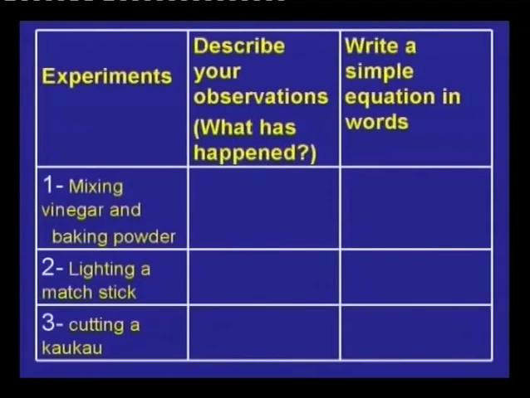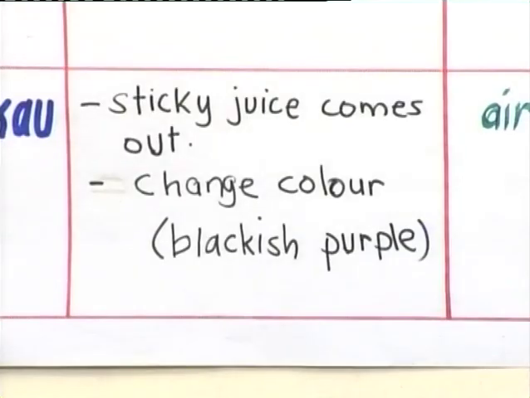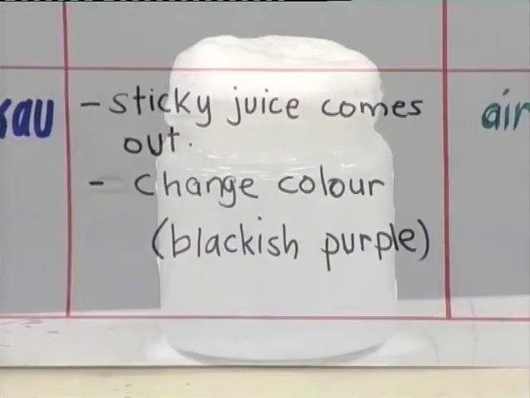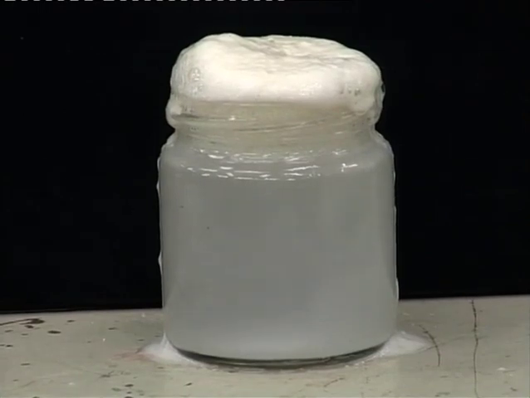After you write your observations down, on the other side of the table, remember the equation we did with the cow, you write down a simple word equation. Okay, receiving students, what plus what will give what result? Class, you do likewise. Write it at the corner, in the box, rather.